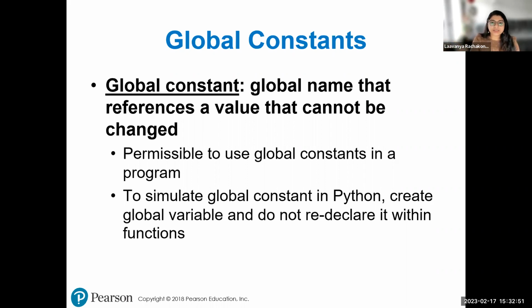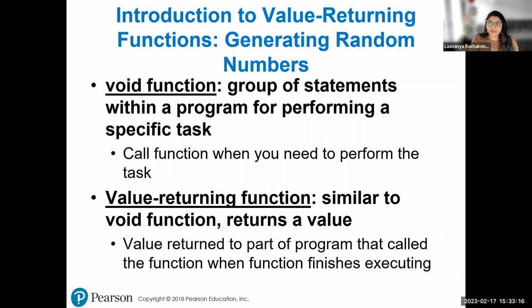This data is considered a fixed value, and the program using this particular global constant will understand that this value is fixed and at no point should this value be changed. So you do not redeclare global constants.